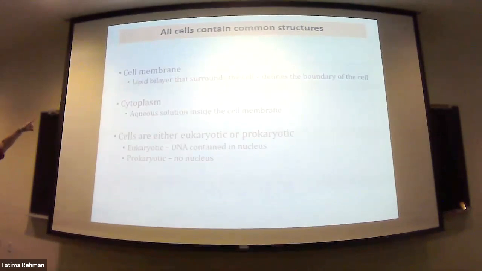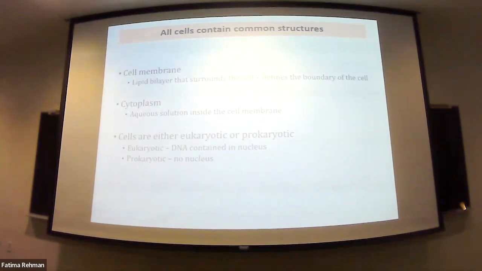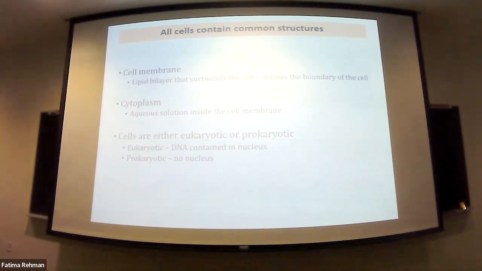Now, I say most of the time it's lipid bilayer because some archaea actually don't have a lipid bilayer. They have a lipid monolayer. But in that structure, they have hydrophilic heads on both sides. So it looks like this. So just one long hydrocarbon chain that is connected on both sides with a hydrophilic head. So some archaea are indeed the rule breakers in there.